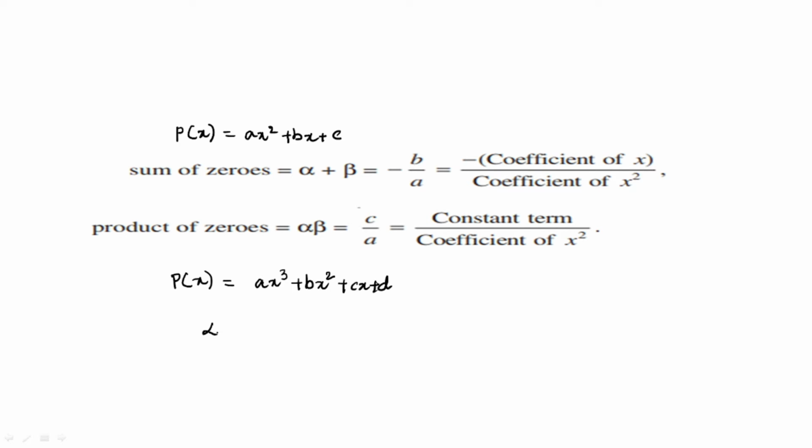The sum of roots alpha plus beta plus gamma is minus b by a. The sum of the product of the consecutive roots, alpha beta plus beta gamma plus gamma alpha, is c by a, and the product of the roots, alpha beta gamma, is minus d by a. So this is how we express the relation between the sum and the product of roots.